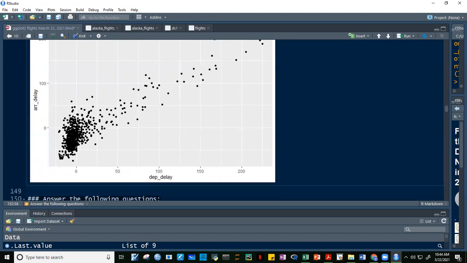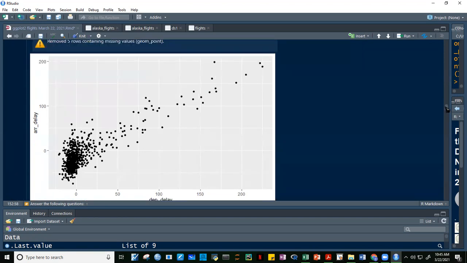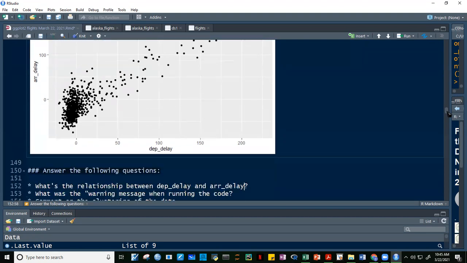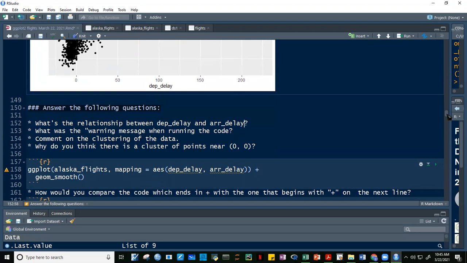Ano ibig sabihin ng departure delay na negative? Ibig sabihin, advance pa yung ano niya. So a great concentration of the data, mas marami dito ang nag-concentrate yung data. Unfortunately, guys, ang problem nito, hindi natin talaga makita yung layering niya. Kasi nga it already was plotted one on top of the other, no? Okay, so we answered this.